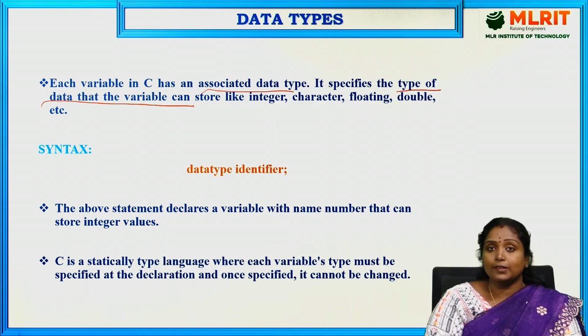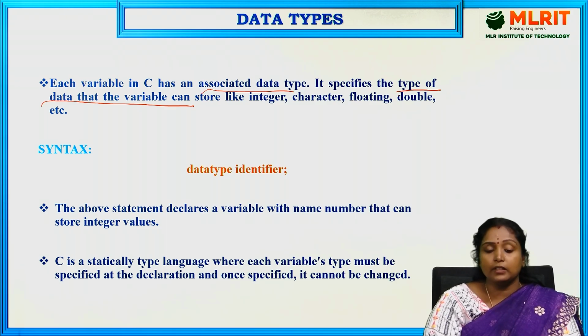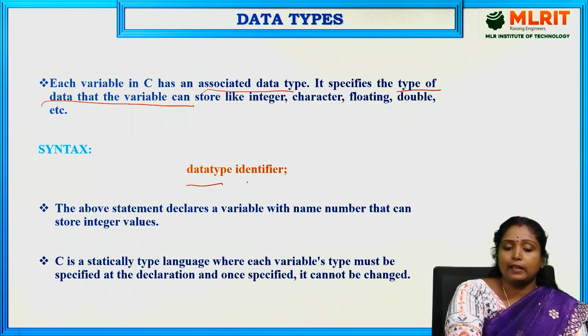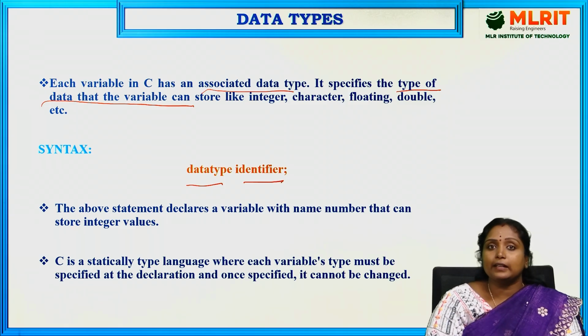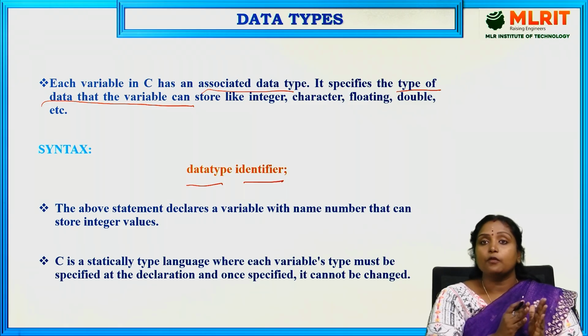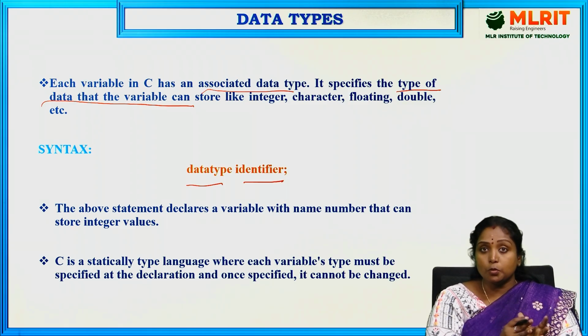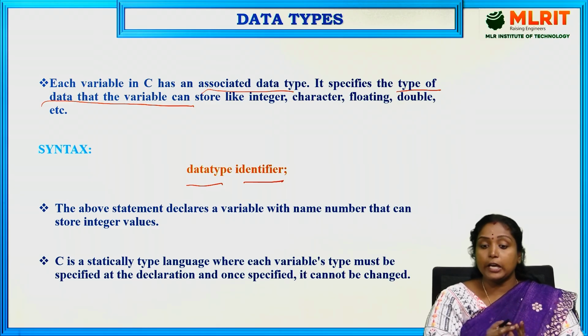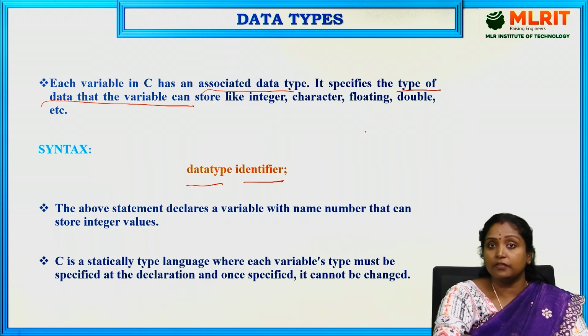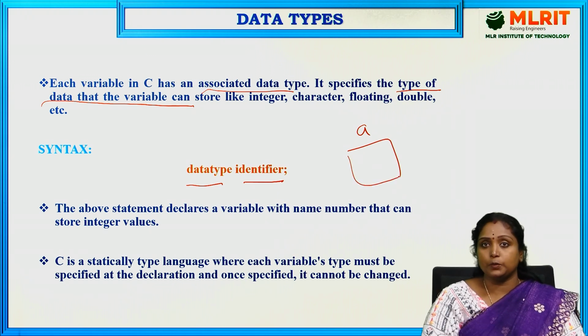The syntax to create an identifier is the data type as well as the identifier. The data type tells you what type of data you are going to store in that particular identifier. I already said what an identifier is. An identifier is a container which can hold some value, isn't it?